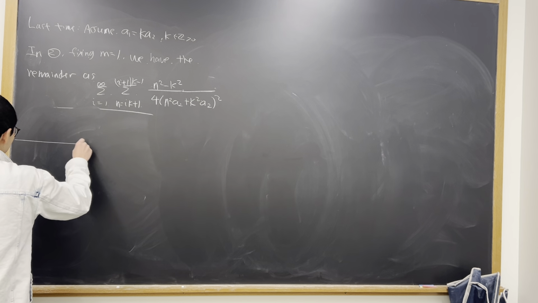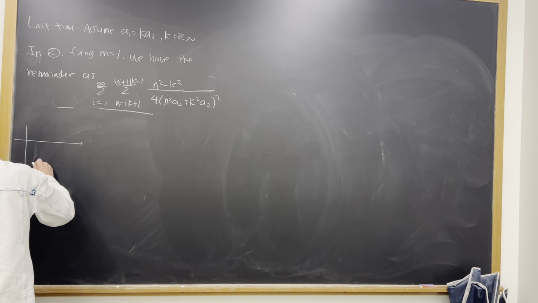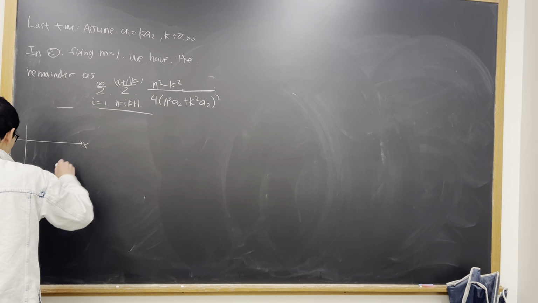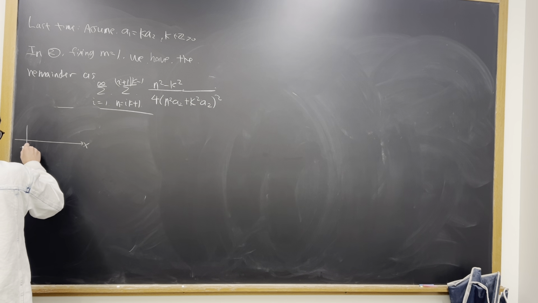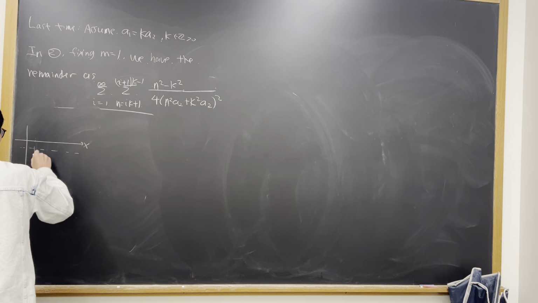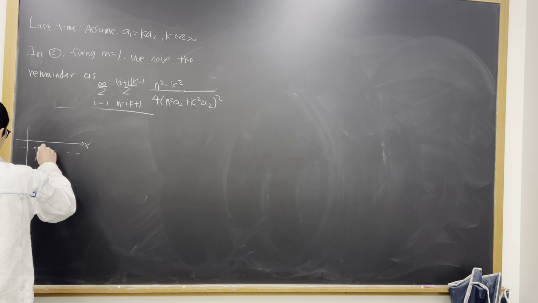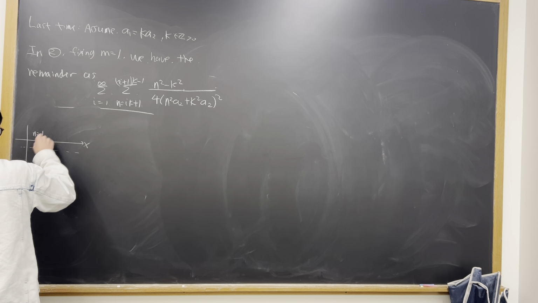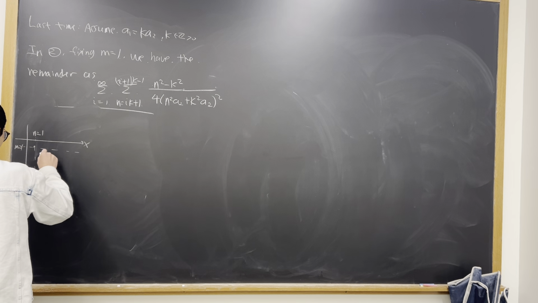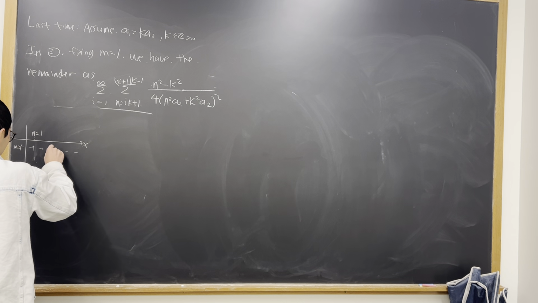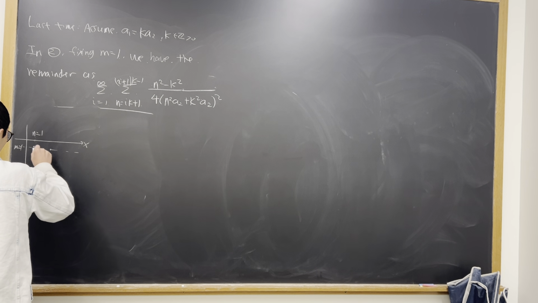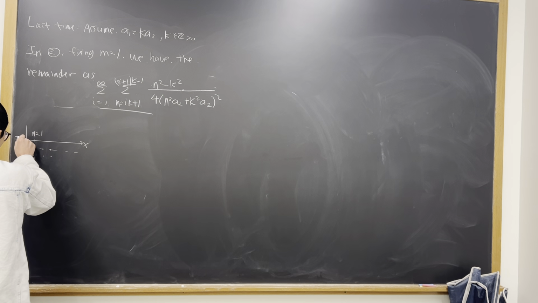Yeah, let me draw the picture here. So you can have a y and an x, and this is exactly the points where n equal to 1 and m equal to 1, and we have the lattices, and also we have the k like that.